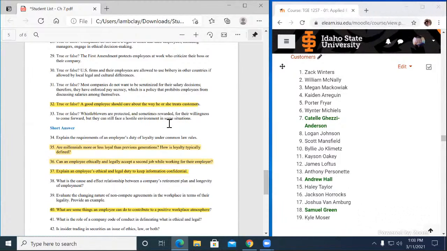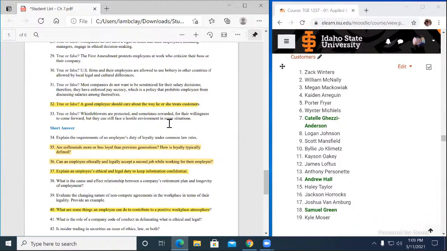True or false? A good employee should care about the way he or she treats customers, and I put that it is true. True. That is business for the company, and if the employee or employees treat customers poorly, then they lose business from that customer, and they're just going to go somewhere else to get the same goods and services.